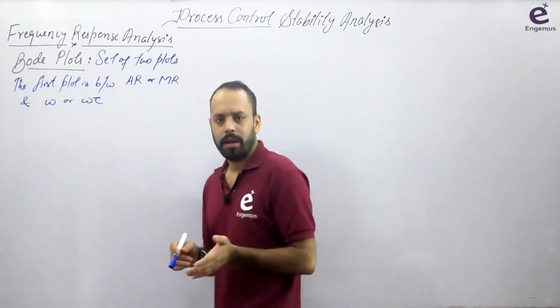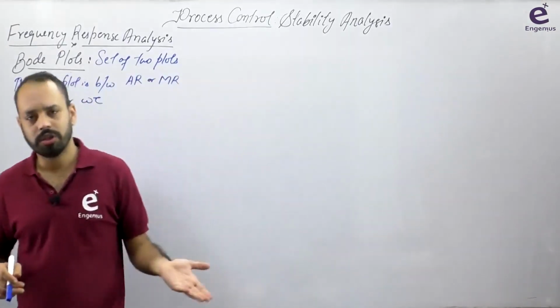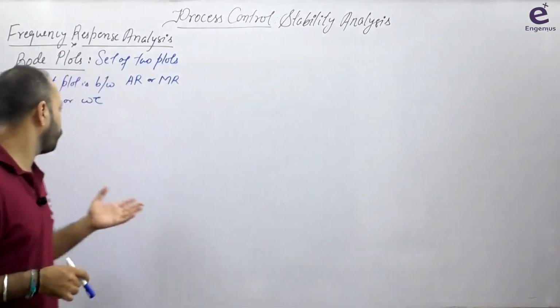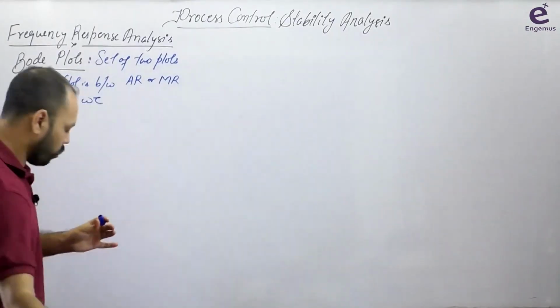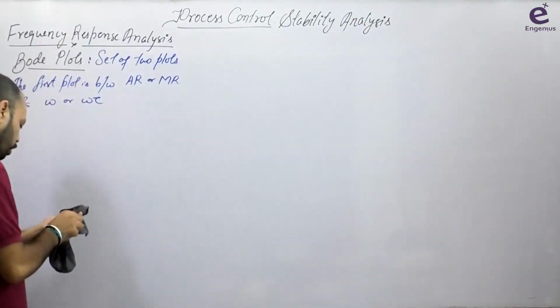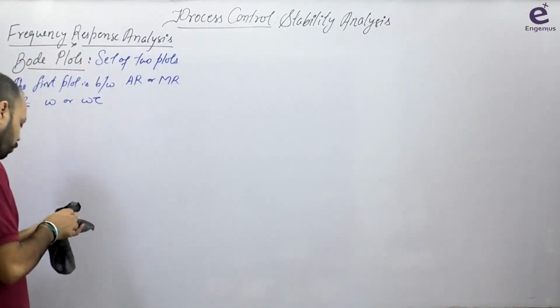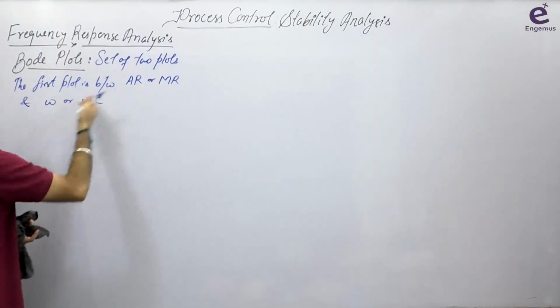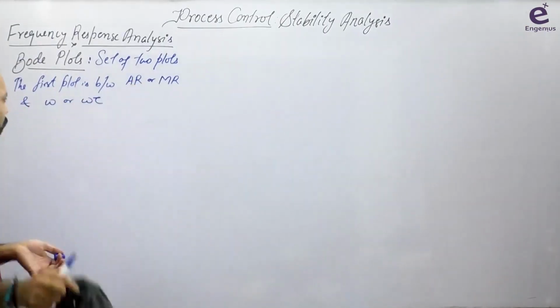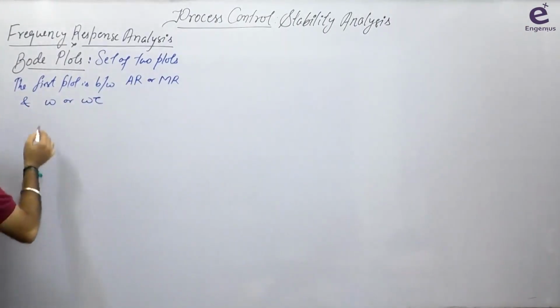Similarly, phi, either it was constant or it was a function of omega. So, of course, I can make a plot between AR and omega, right? So, the first plot is between AR or MR, and omega or omega tau. I mean, it can be anything, AR versus omega tau, MR versus omega tau. MR is known as magnitude ratio, okay?